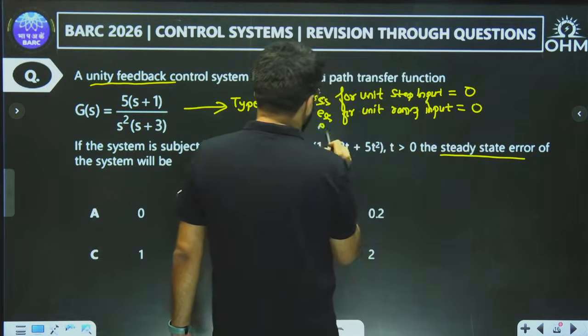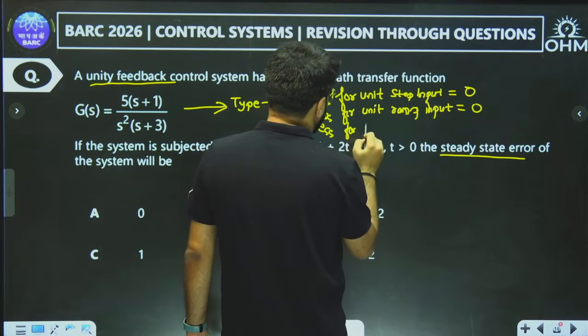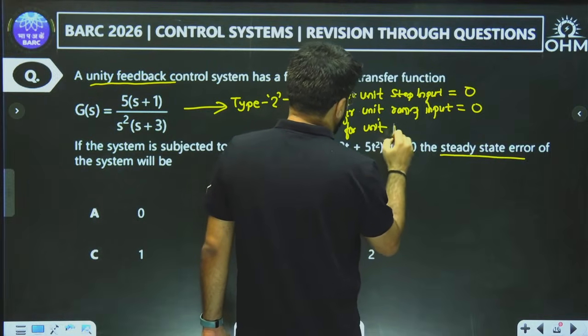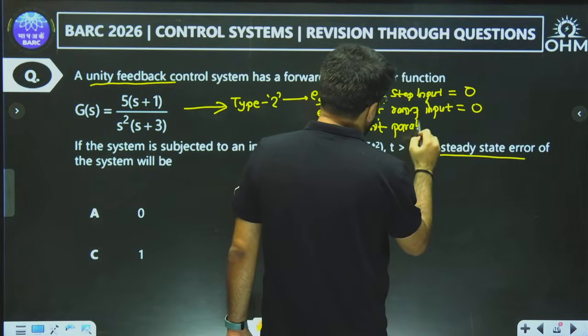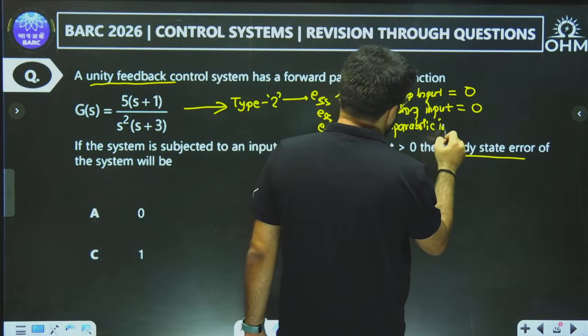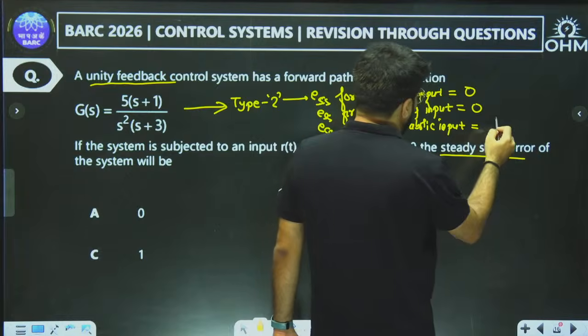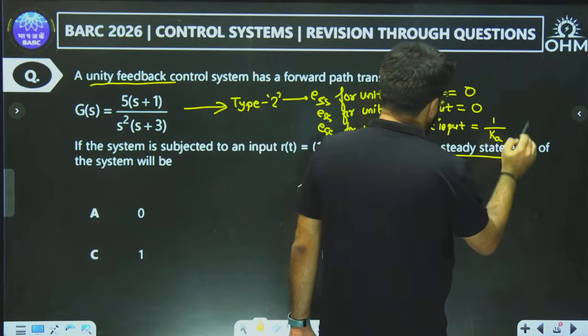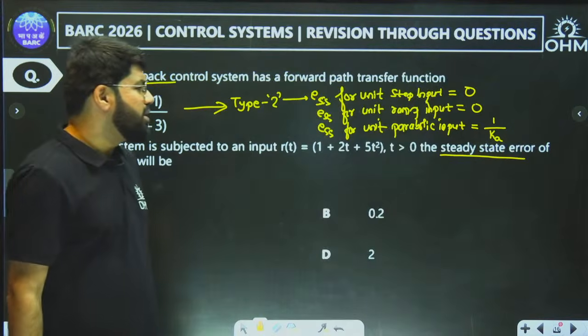It will give a finite error for unit parabolic input, and that will be given by 1 upon Ka. The error is 1 upon Ka, Ka being the acceleration error coefficient.